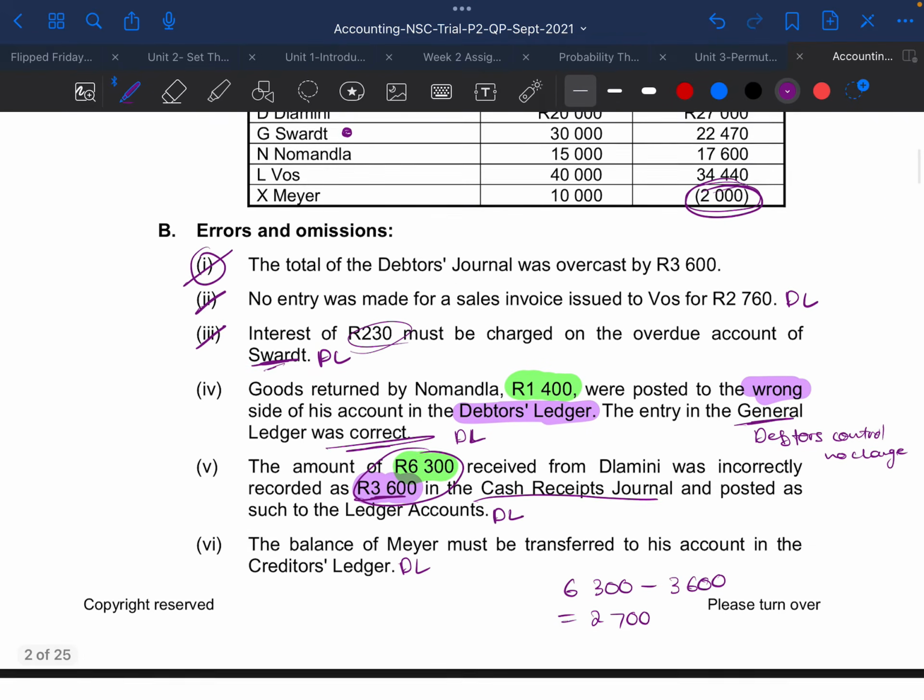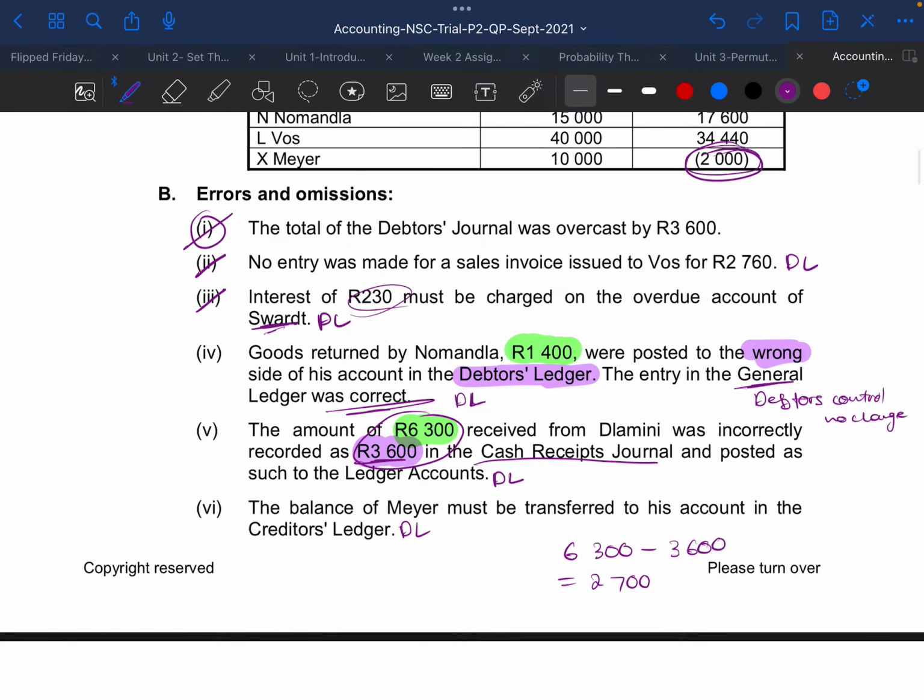And then the next one, goods returned by Nomandla. This is a bit tricky. Not really tricky, but the wording and the information might confuse you if you read haphazardly. Goods returned by Nomandla, 1,400, were posted to the wrong side of his account in the debtors ledger.